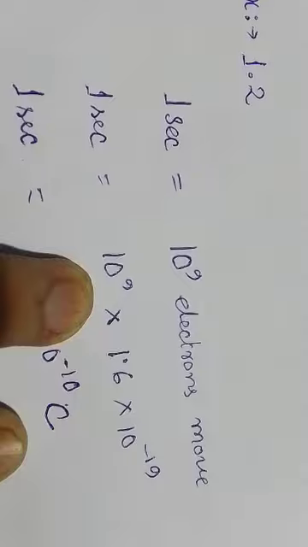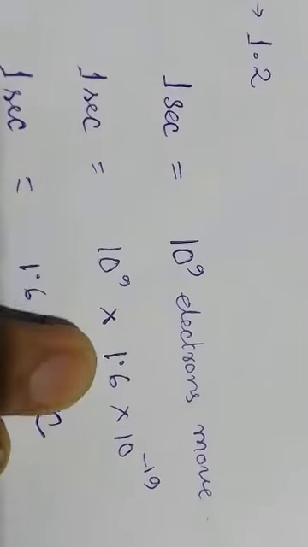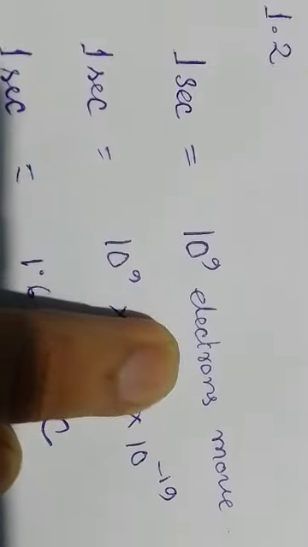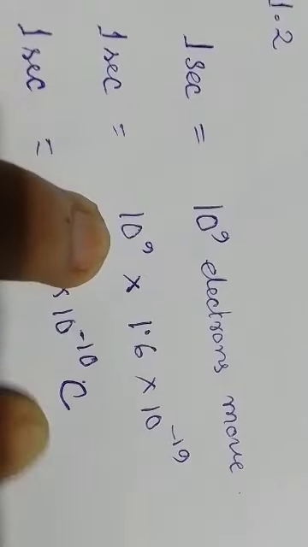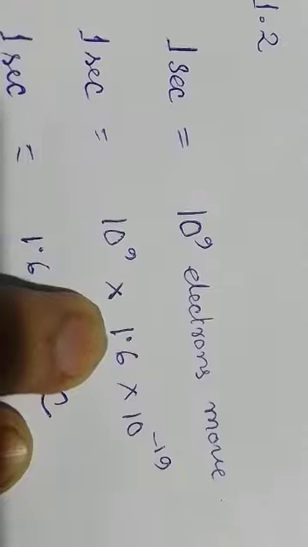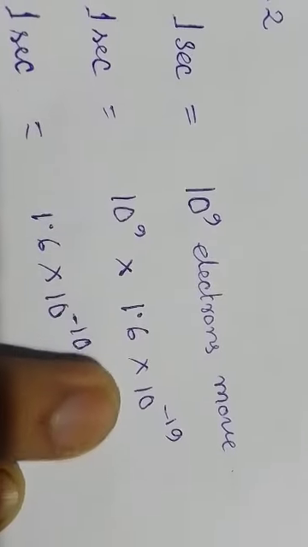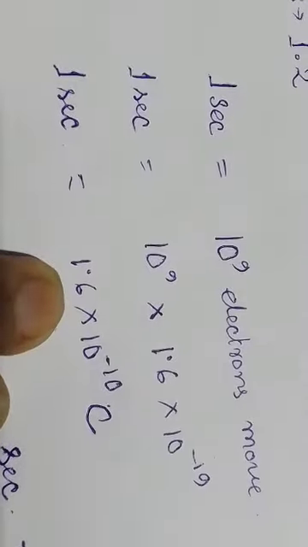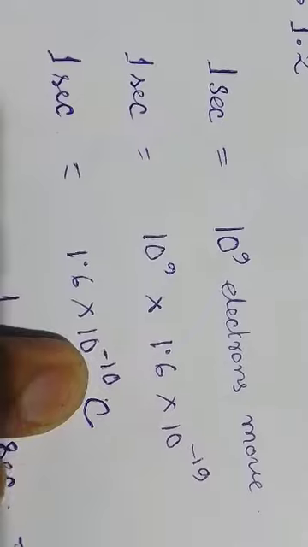So we know that Q is equal to N into E, where N is the number of electrons, that is 10 to the power 9 electrons that move out. So 10 to the power 9 multiplied with the basic elementary charge, that is 1.6 into 10 to the power minus 19. So we will get in 1 second that it will produce 1.6 into 10 to the power minus 10 coulomb.